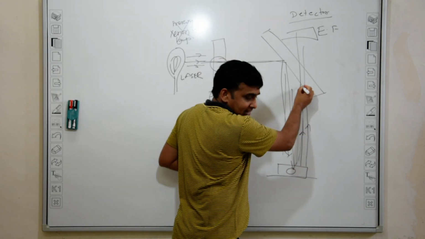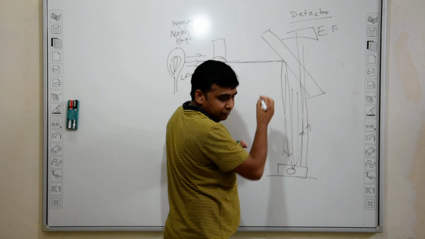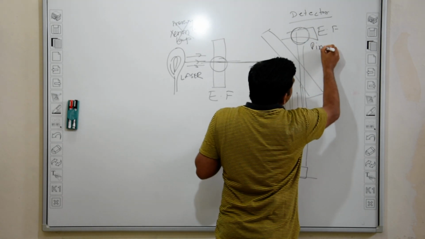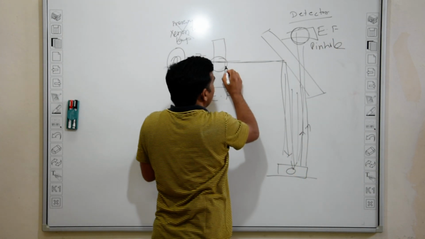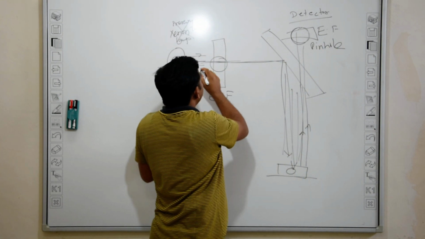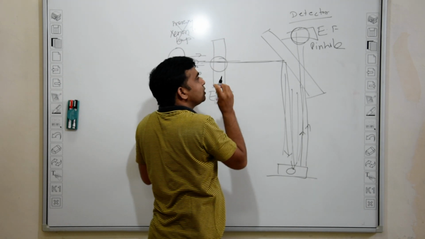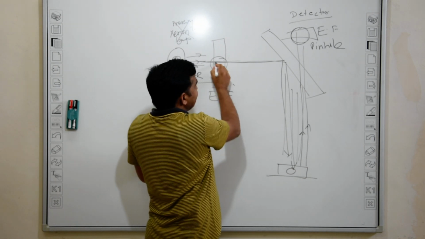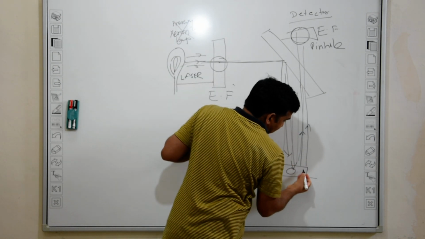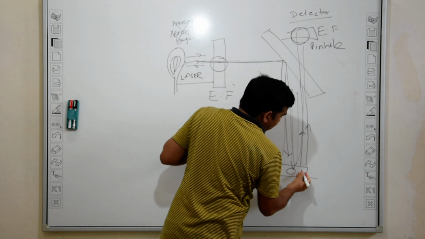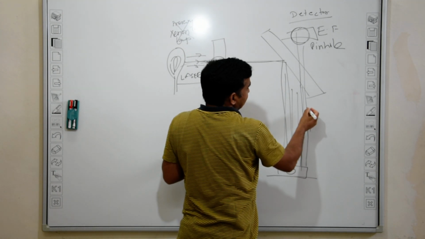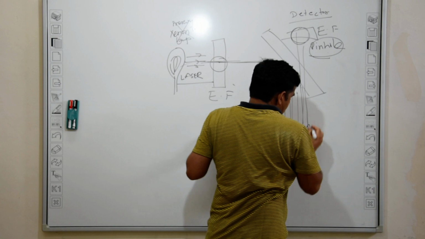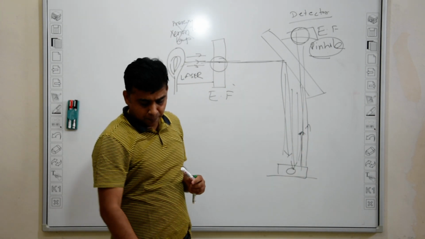Then the emitted light comes back, and before the detector there is also an aperture called a pinhole. This pinhole and this pinhole both control the stray light, meaning the light which we don't want will be eliminated at two points. At the first point when the light is emitted, and the second when the object is emitting the light, if there is any stray light, this pinhole will eliminate it and we will get the image of what we want to see.